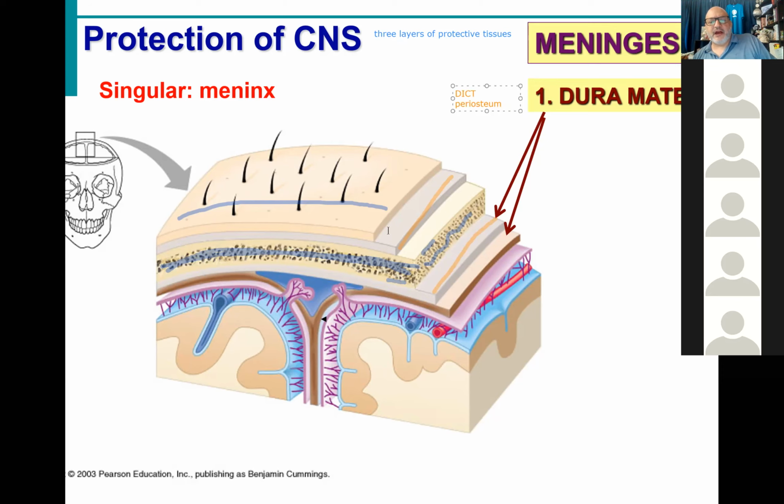Notice the outer periosteum is the outer periosteum, but notice the dura mater is actually comprised of 2 layers of thick, dense, irregular connective tissue, and the innermost is the internal endosteum.